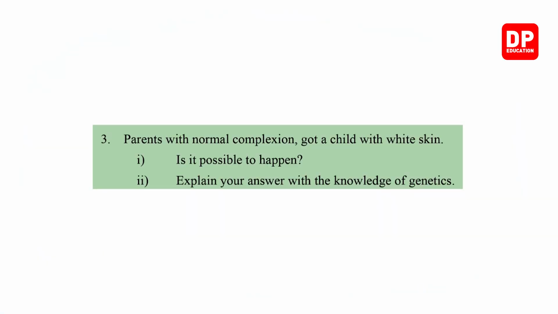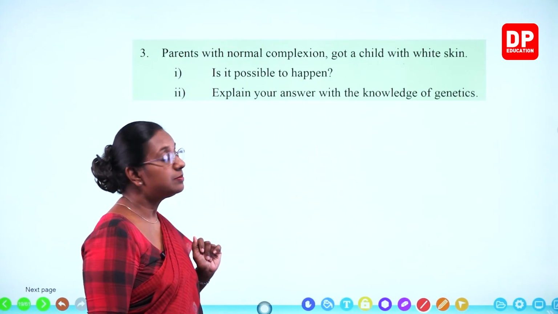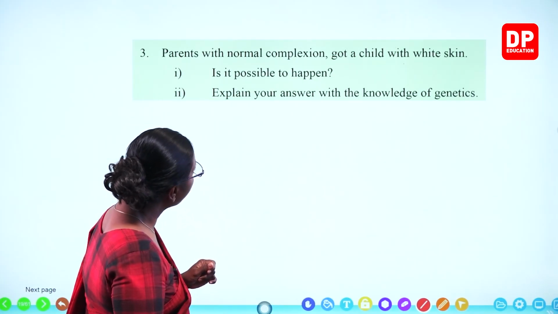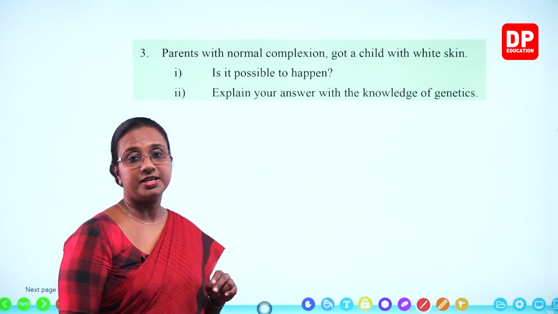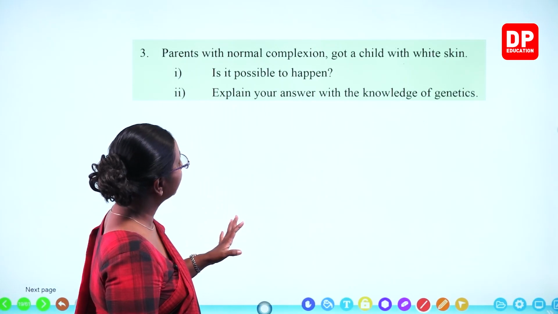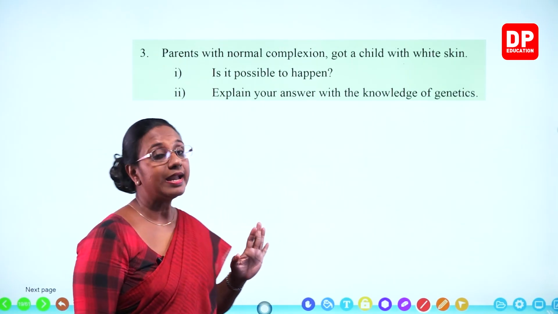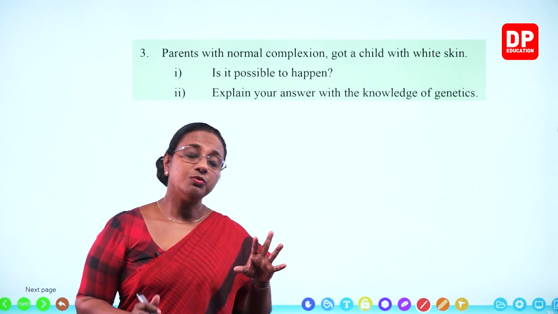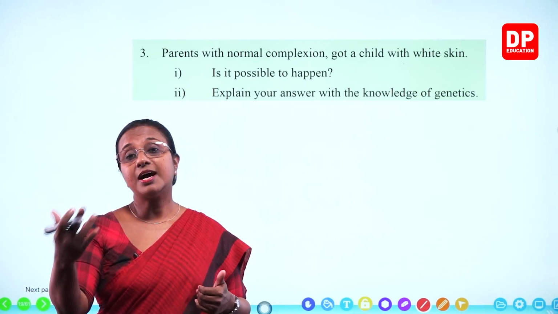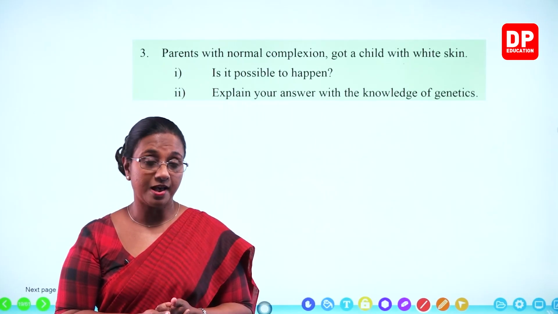Third question. Parents with normal complexion got a child with white skin. Is it possible to happen? That's the first part. Second one, explain your answer with the knowledge of genetics. Now here, parents with normal complexion got a child with white skin. So you can take it as normal skin, the normal color, but the child became fair.